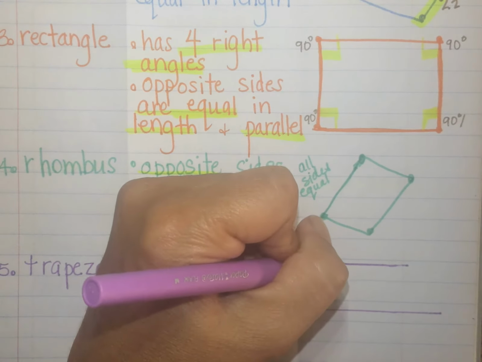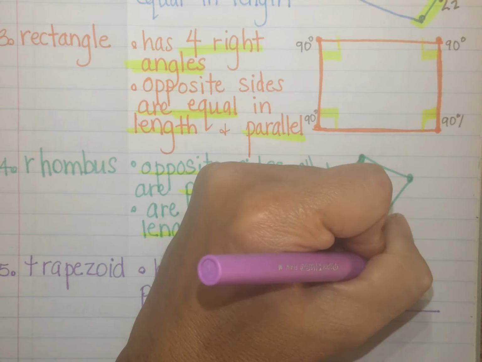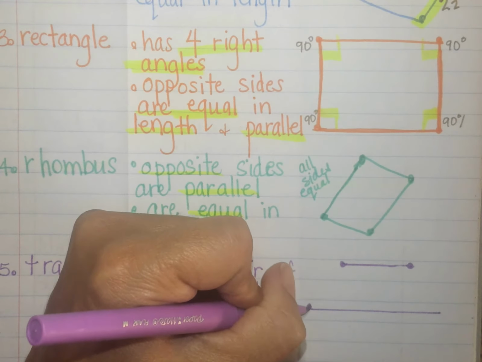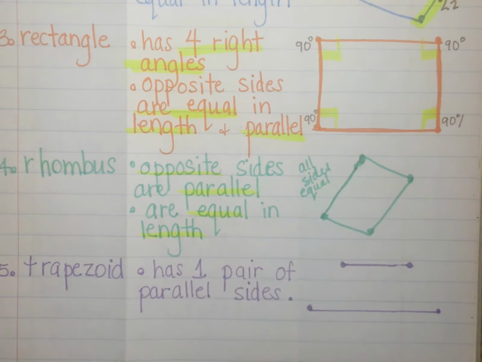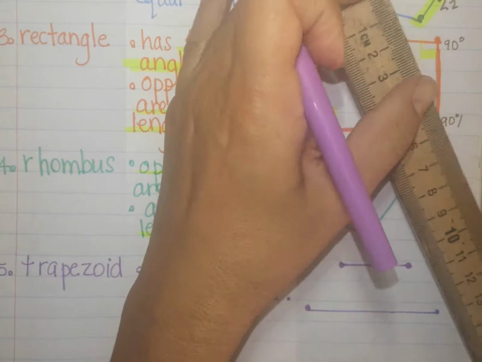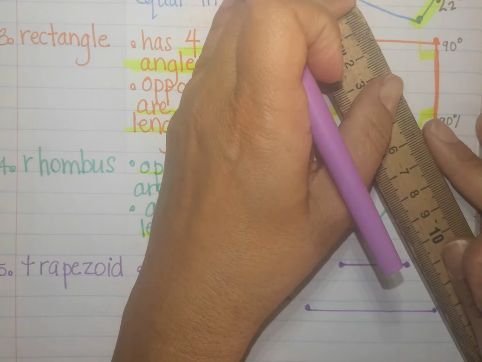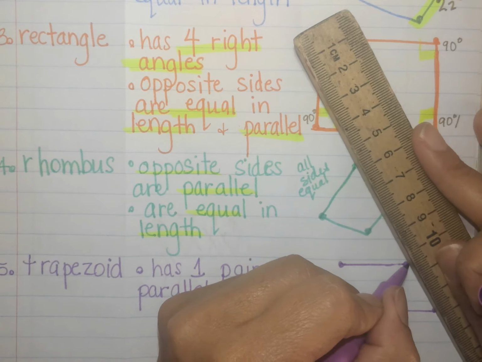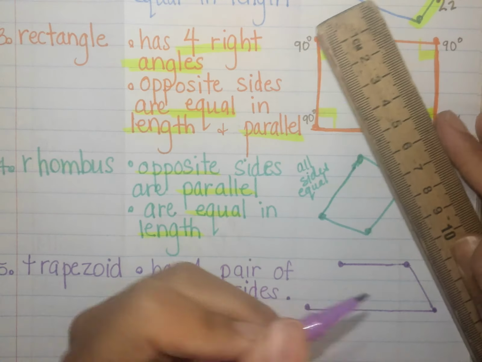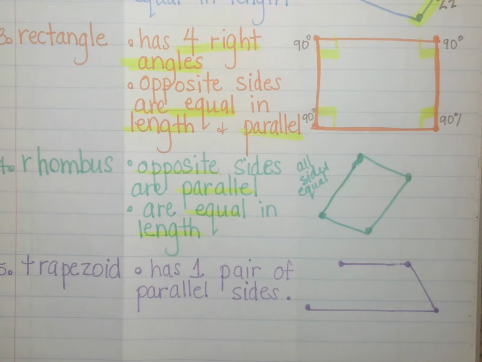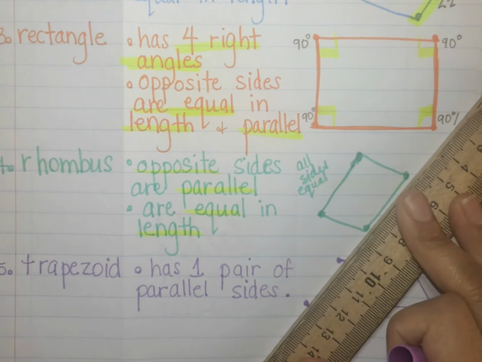Okay, these are line segments, not lines. And then they meet here, and then you're probably thinking, oh, that's familiar. I've seen trapezoids before.